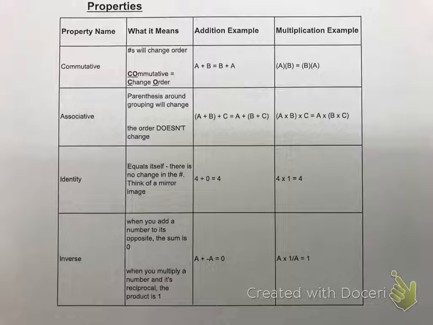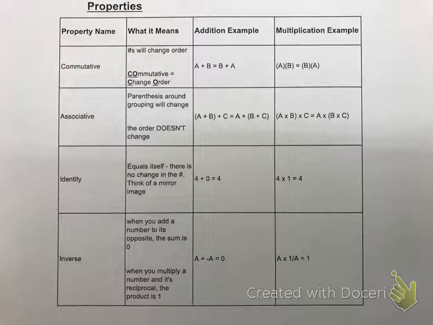Most of these properties, the key is to match up the equation or expression with what it looks like. So for example, if we were talking about the commutative property, we would need to find an addition example that looks like this to make sure that it matches up, or a multiplication example that looks like this.